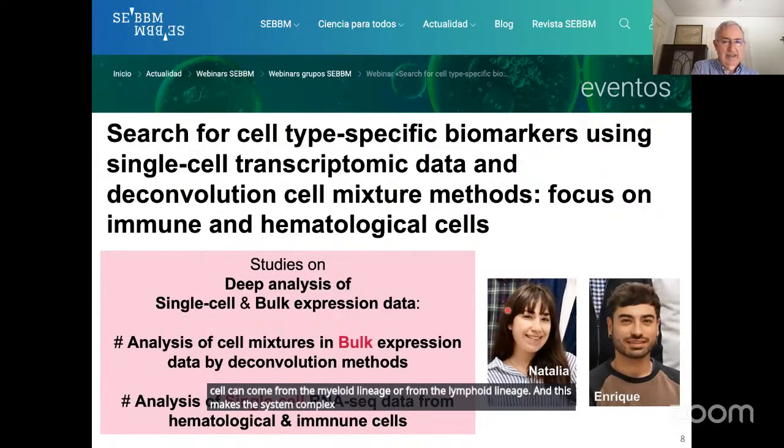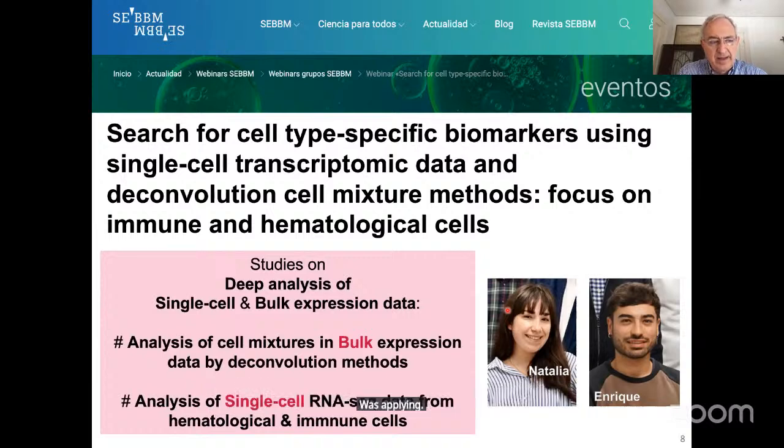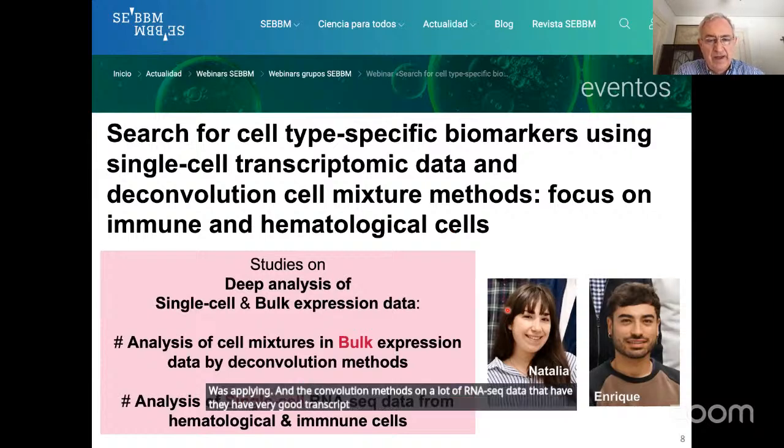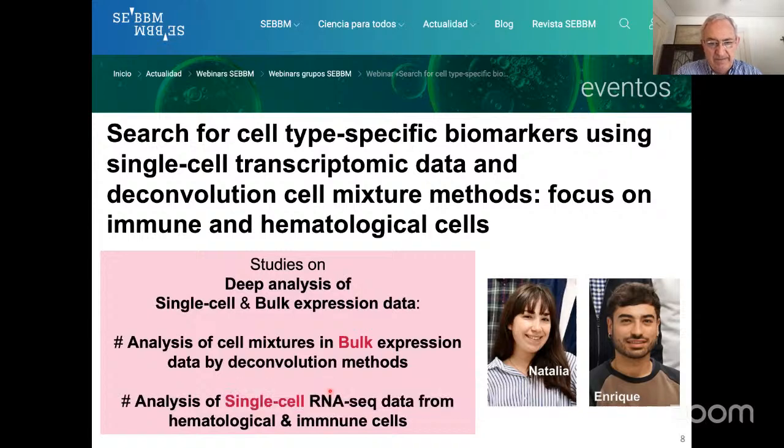So to address this idea of identifying the cells that are in our single cell data, we work with 2 approaches. One was applying deconvolution methods on a lot of RNA-seq data that have very good transcriptomic profiling of bulk samples, and also going into development of more specific single cell RNA-seq methods.